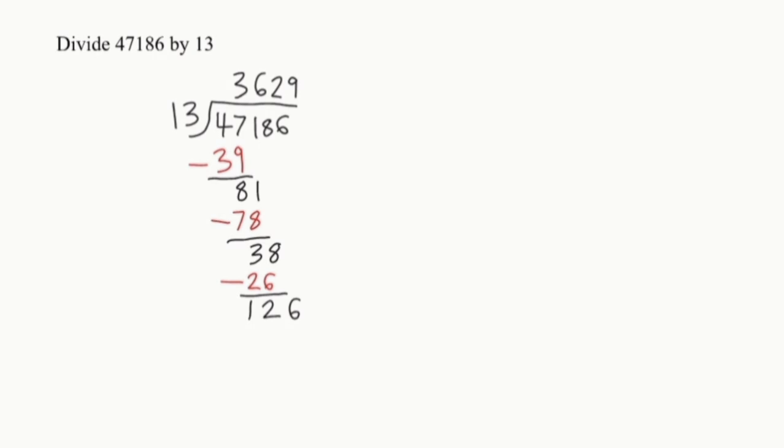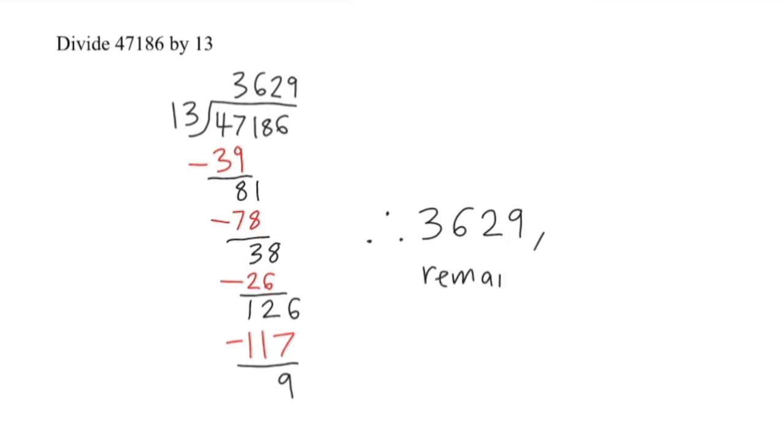Multiplying 9 by 13 gives us 117, so we subtract 117 from 126 to get 9. We have reached the end of the number 47,186, and we cannot divide any further. So we take the remainder, which is 9. Therefore, the answer is 3,629 with the remainder of 9.